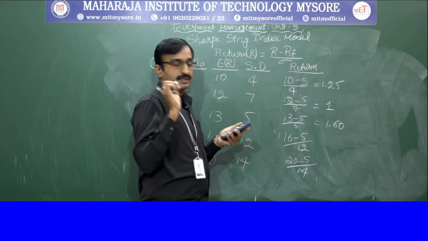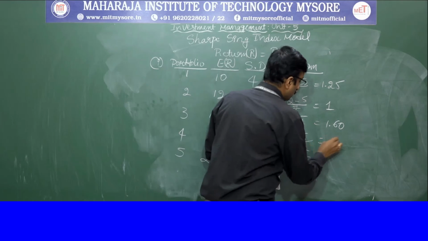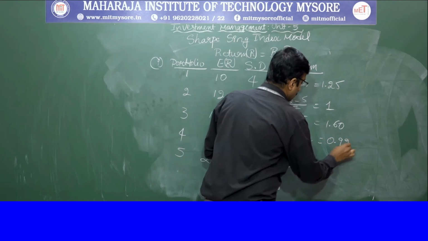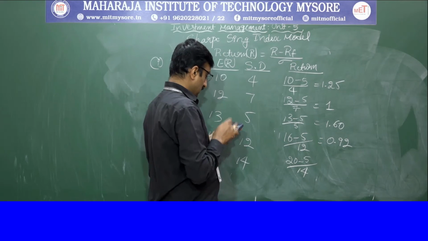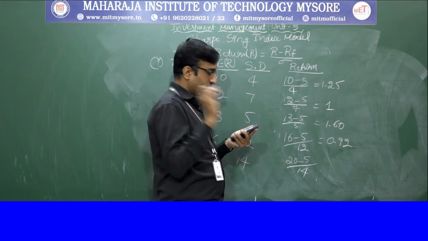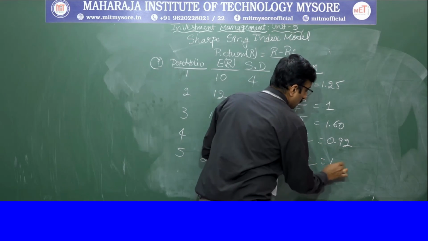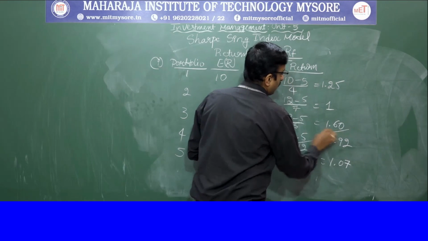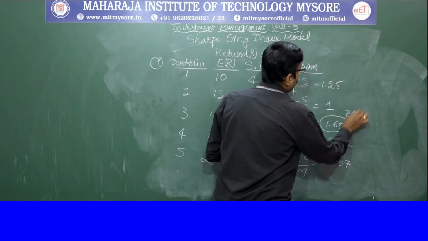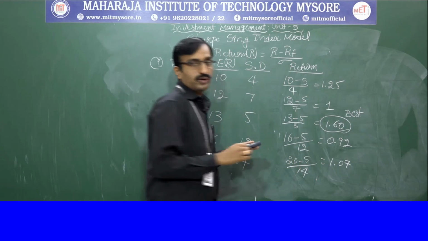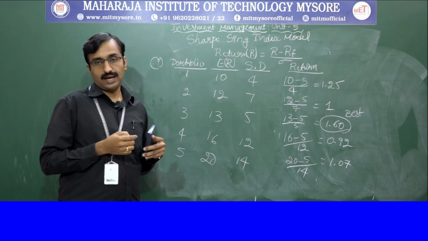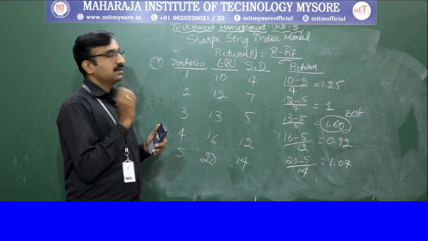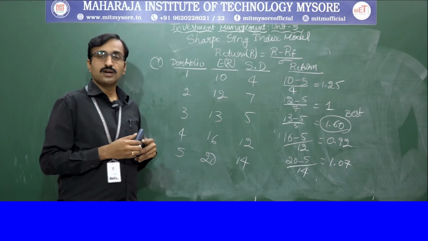Then you will get 0.92. And last you will get 1.07. Whichever is maximum is the best portfolio, the one which gives the best return. We can choose like that. This is the answer for the first question.